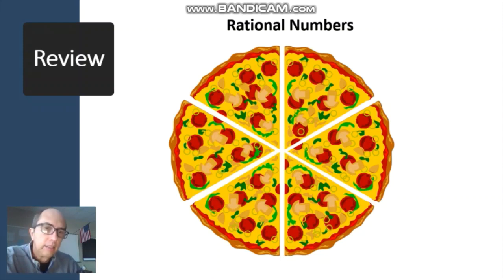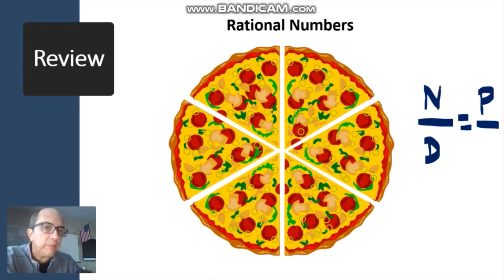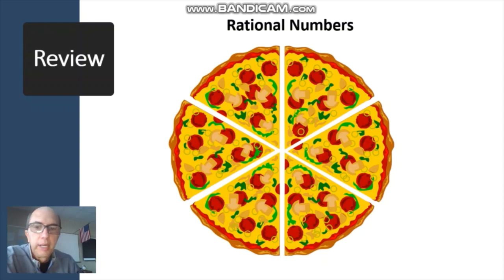When you have the numerator and the denominator, I like to think of it as a pizza and a number of people that we can divide this pizza among. So we have one whole pizza that we will divide by 6. We can represent this by the ratio 1 over 6, right?